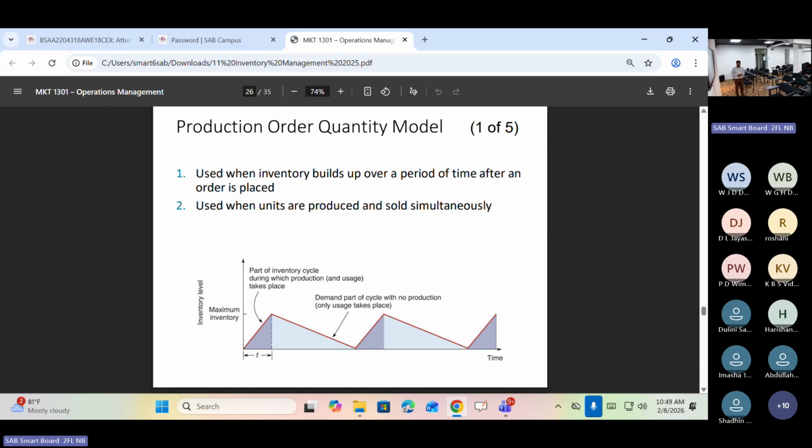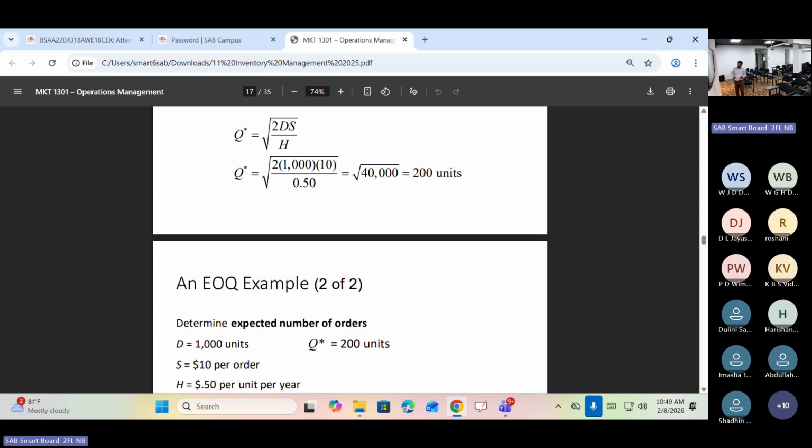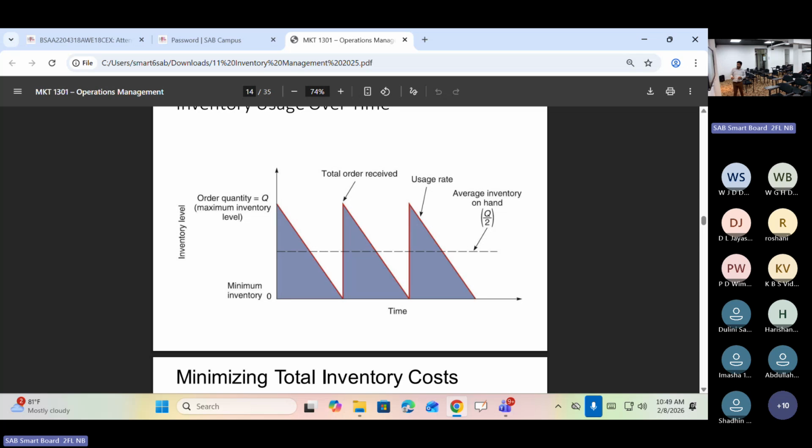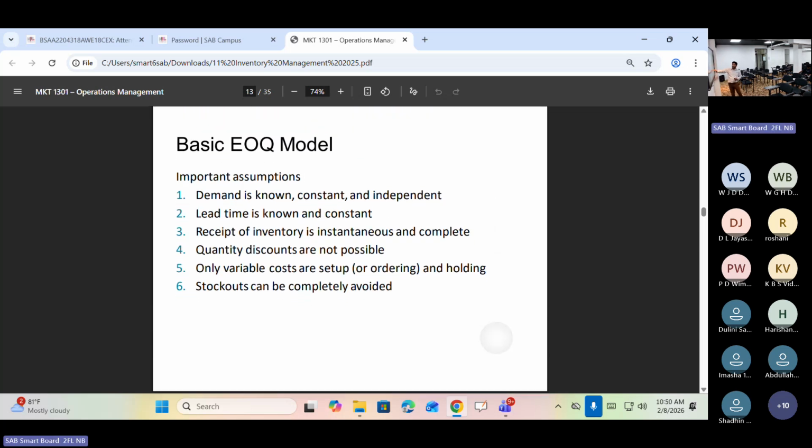What is that? In the third assumption of EOQ, once we decide the order quantity, the full order should be received. When we order, we should get the full order instantaneously and complete.